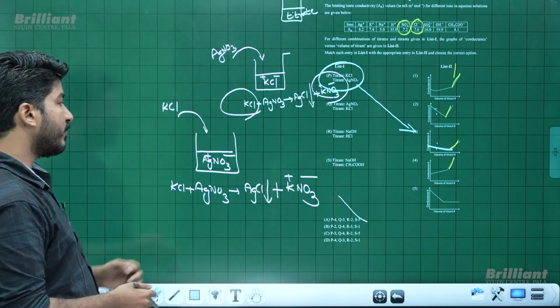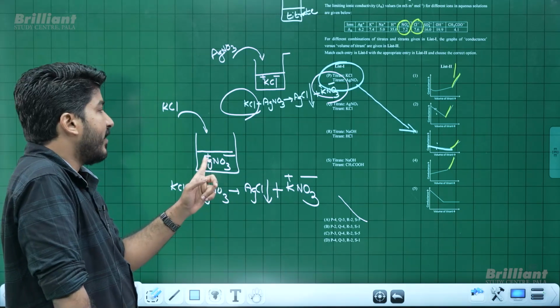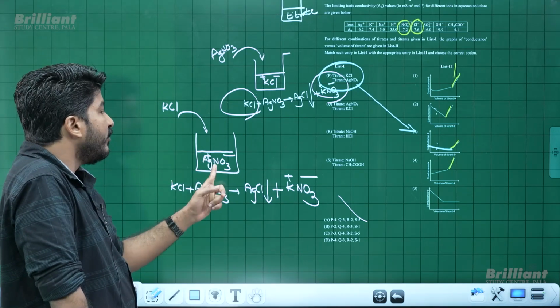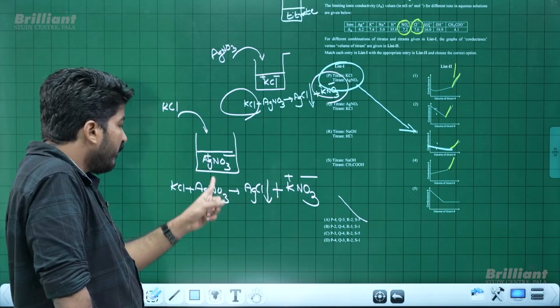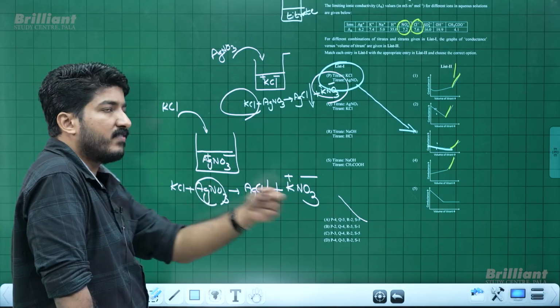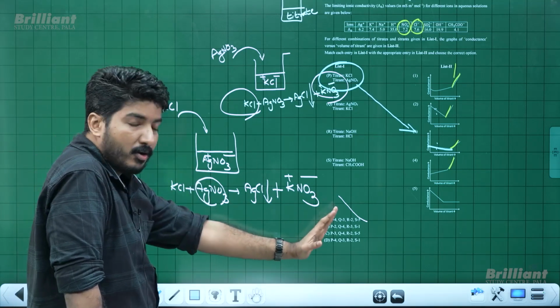In this case we are measuring the conductance of this particular solution only. What difference is happening in the solution part? With each addition of KCl, gradually each AgNO3 in the solution is replaced with KNO3.